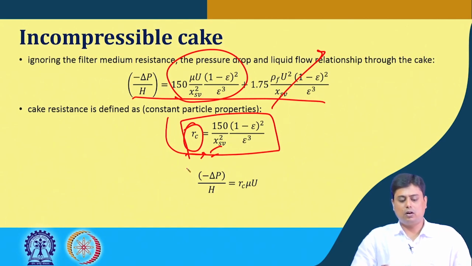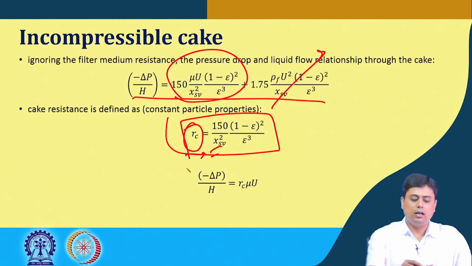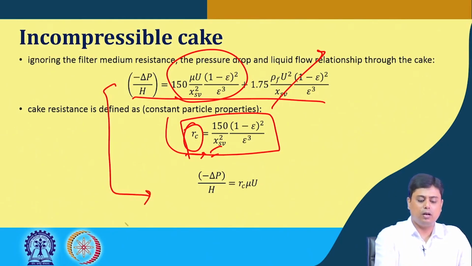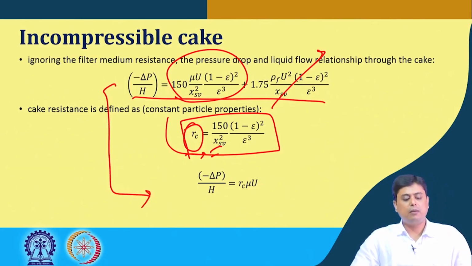The voidage is constant, and the size of the particle is constant. If we define the specific resistance in this manner, then the top expression becomes ΔP by H equals the specific resistance multiplied by the viscosity and velocity.